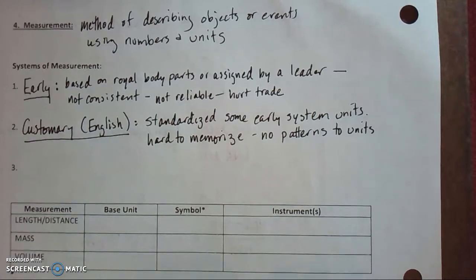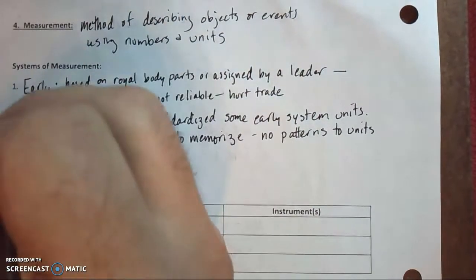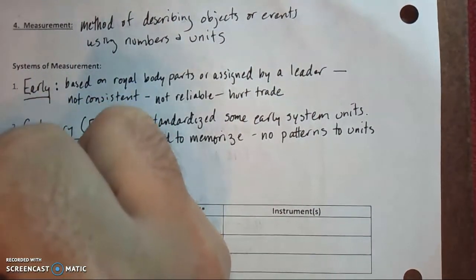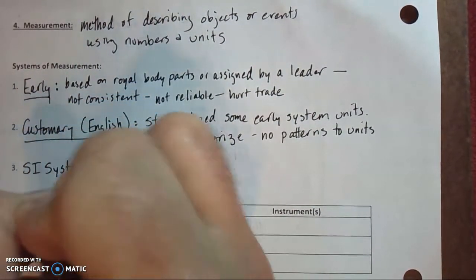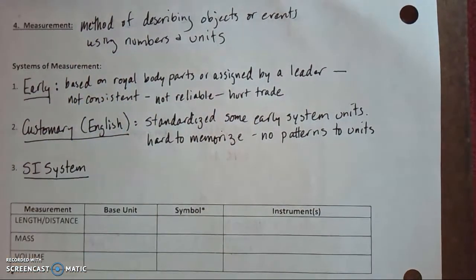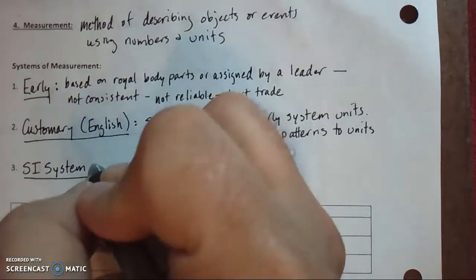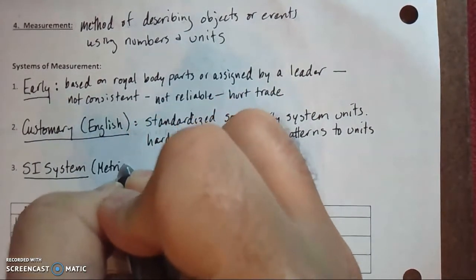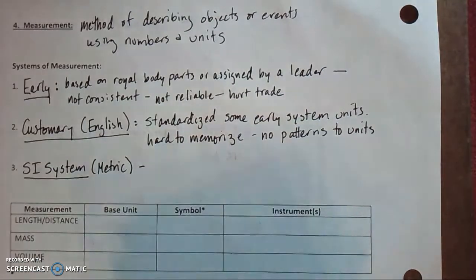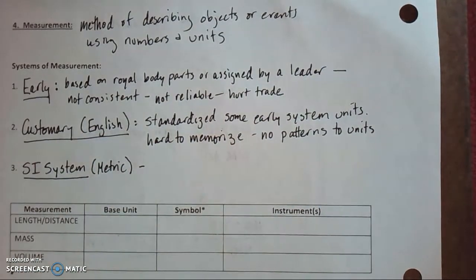Back in 1799 in France, another system, the SI system, which stands for Système International, which is French, we tend to call this the metric system, was developed. Again, you don't need to know that date.